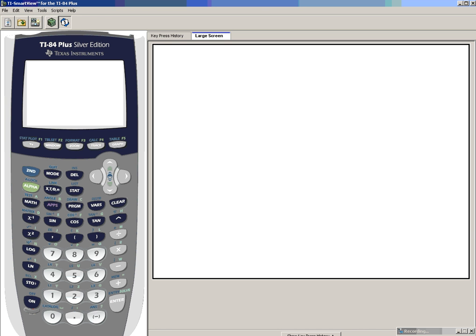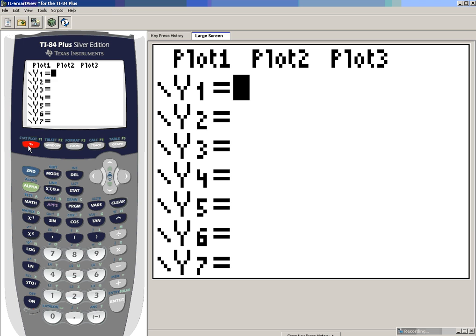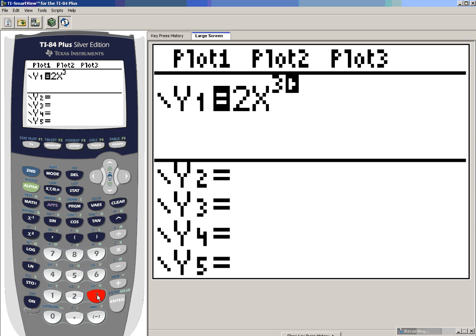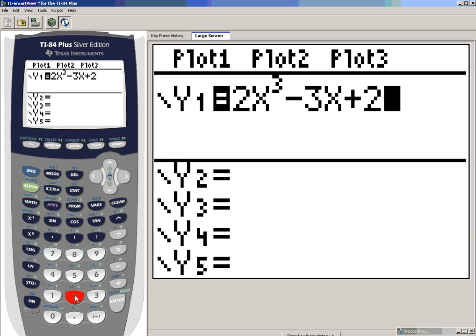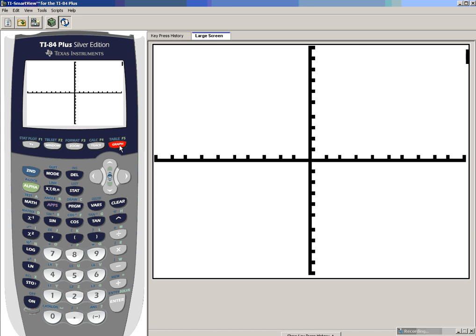So we're going to go to our calculator, go to our y equals menu, and we're going to put this equation in just like we see it. 2x raised to the third power minus 3x plus 2. Check out the graph of that.